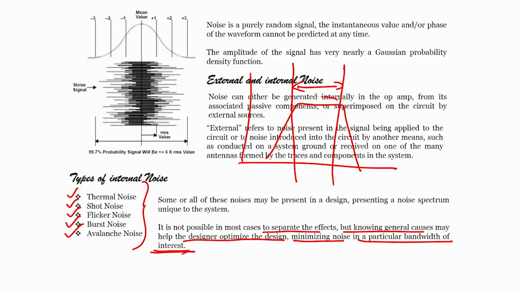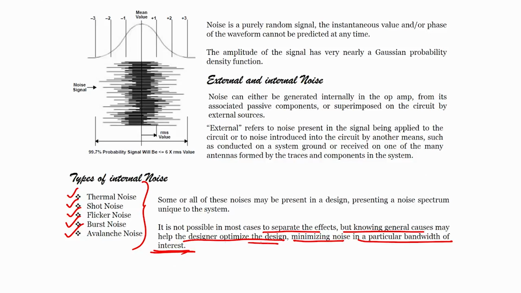At least in this particular band we can optimize the design in such a way that the noise is minimum. So, the circuit designer can optimize the design such that the noise is minimized.